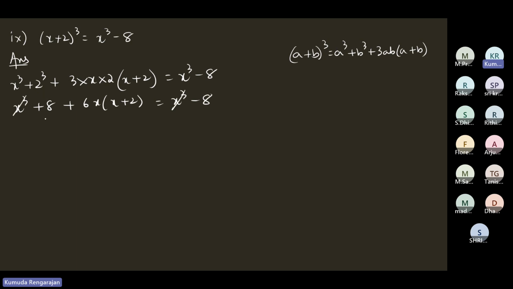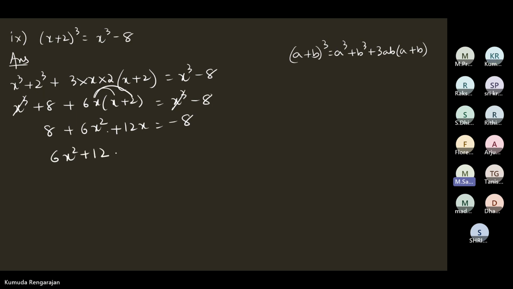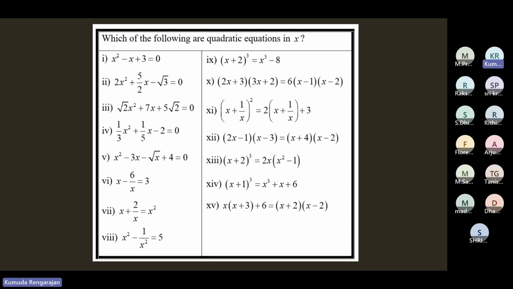x cubed on either side gets cancelled. So when you multiply, 8 plus 6x squared plus 12x is equal to minus 8.